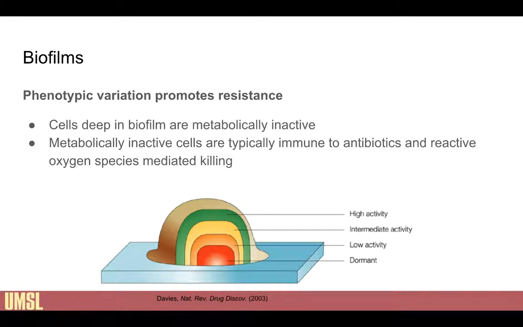And it's also believed that this lifestyle of growth is important for some pathogens that are aggressively colonizing your intestines, for example, during infection. So Vibrio cholerae, for example, is believed to form biofilm on the surface of your epithelial cells during a cholera infection.